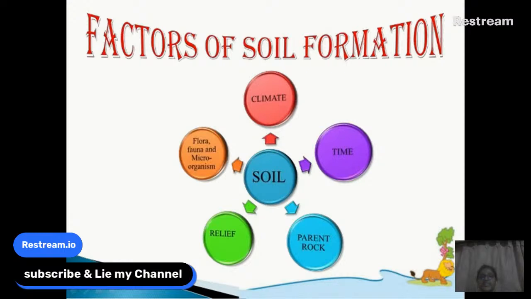Okay, so first is climate. What is climate here? Climate is about temperature and rainfall, which influence the rate of weathering and humus formation.